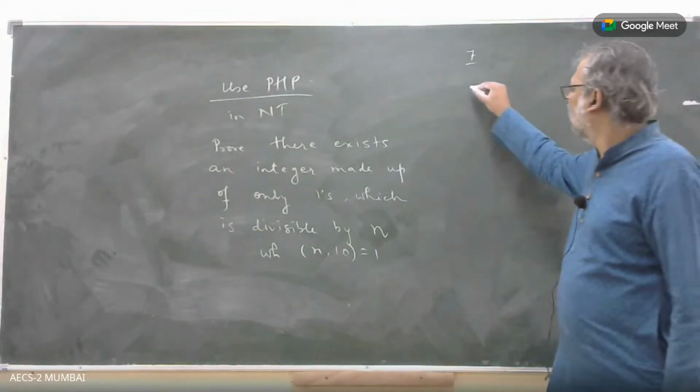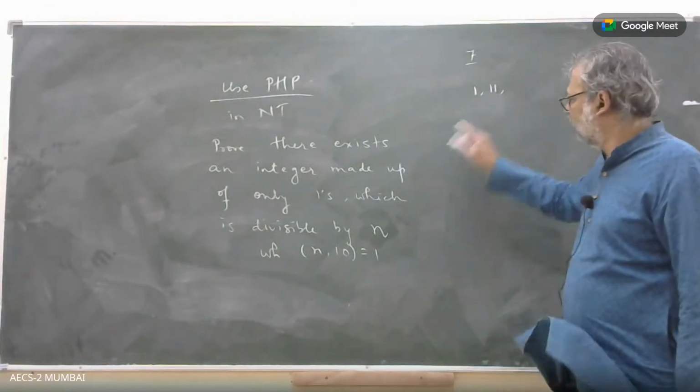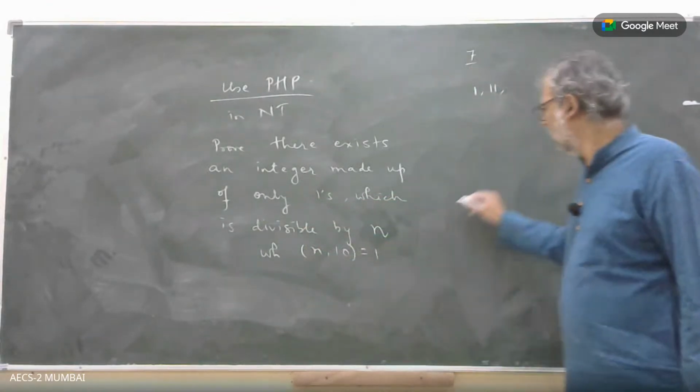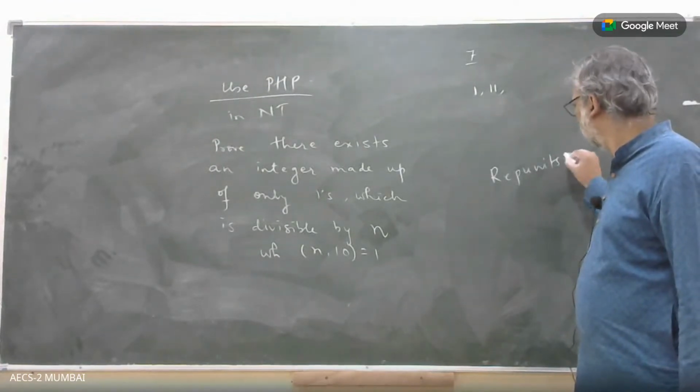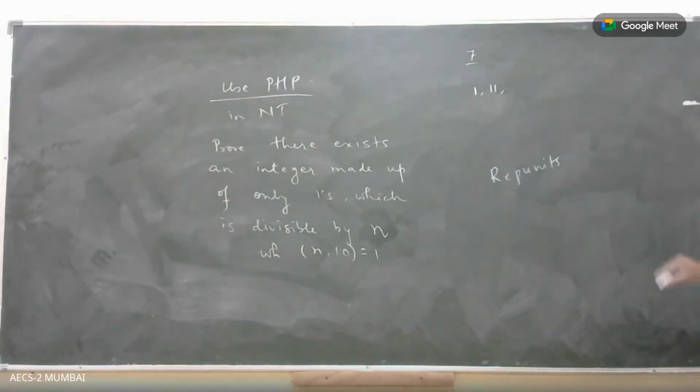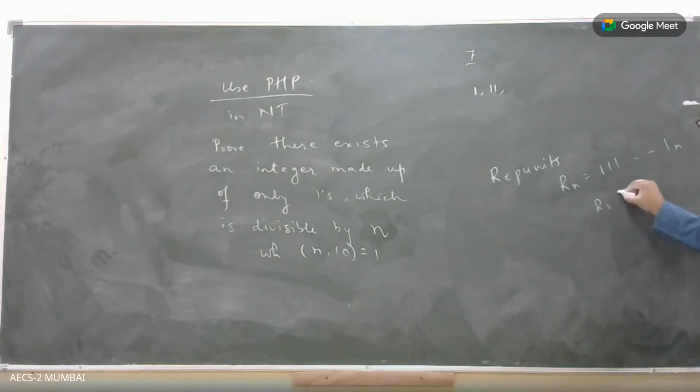Anyways, consider numbers made up of only ones. They are called repunits, and they have certain nice properties. It's denoted by R_n and it contains n ones. So R2 is 11, R3 is 111, and so on.